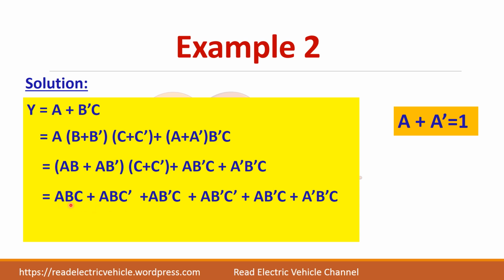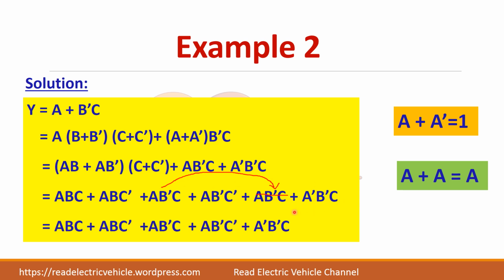That is, if you have A plus A, it is A. If two terms are the same, you see here this term AB'C is here. Here also another AB'C. Same term is repeating means you strike off one and you can have one term. So totally 1, 2, 3, 4 and 5 terms will be there.